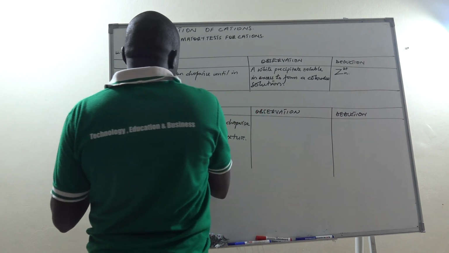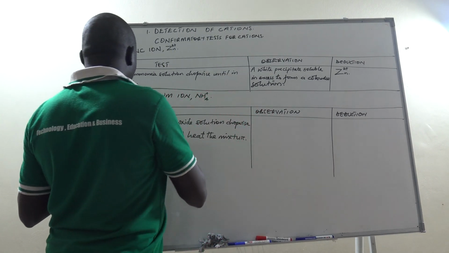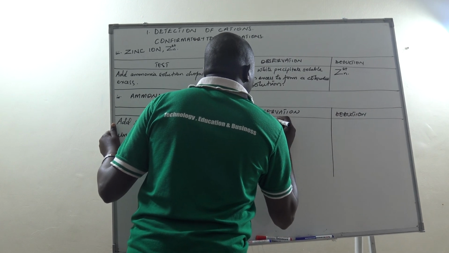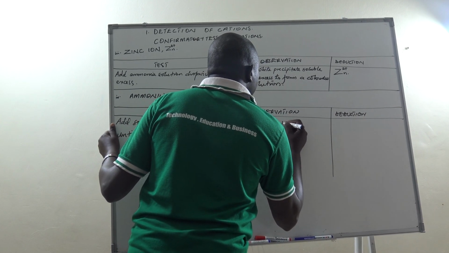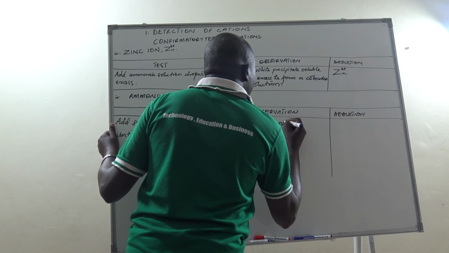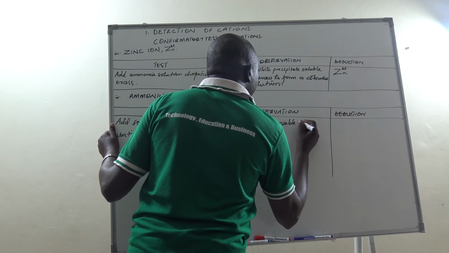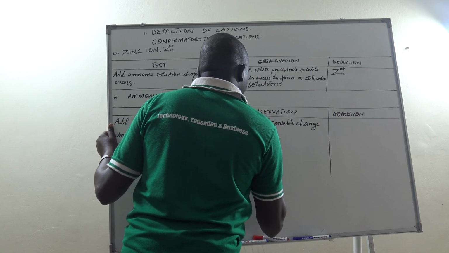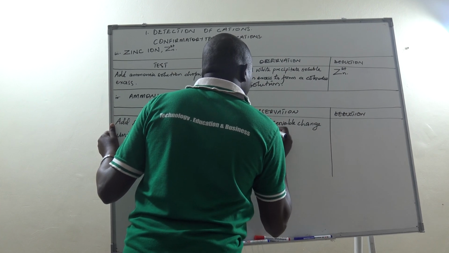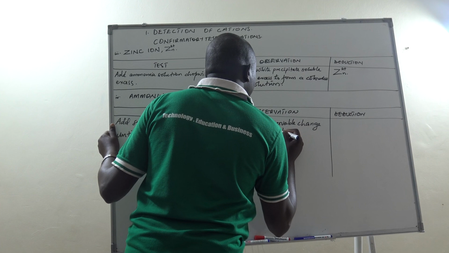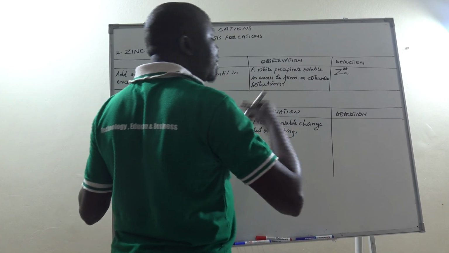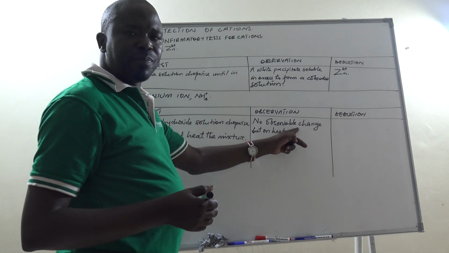So we say that on adding sodium hydroxide solution dropwise until in excess, we simply get no observable change, but on heating, ammonia gas is produced. But we don't have to say that it is ammonia which has been produced.